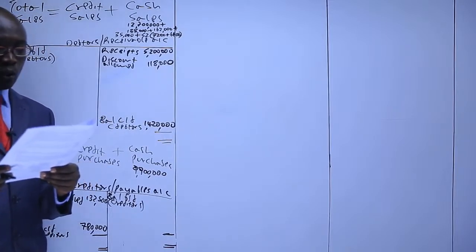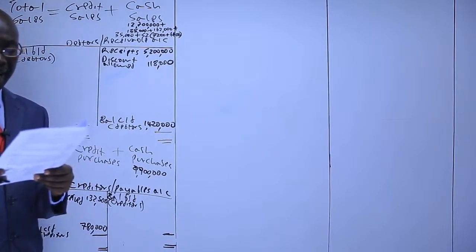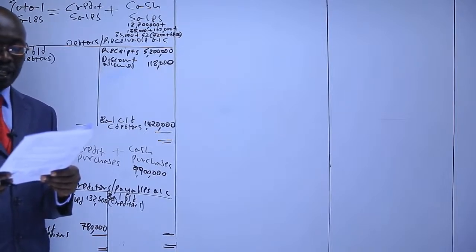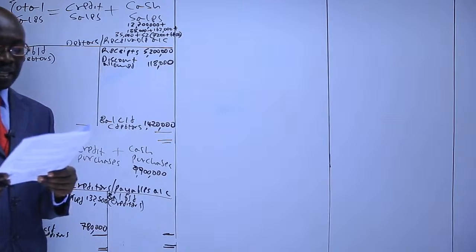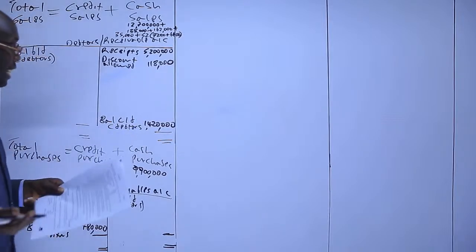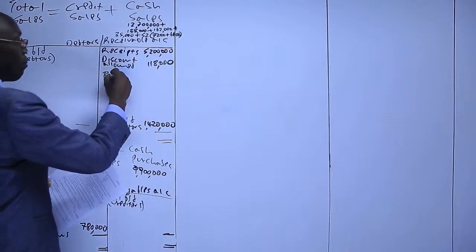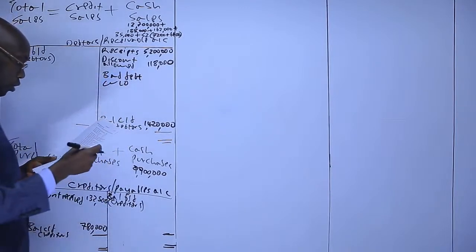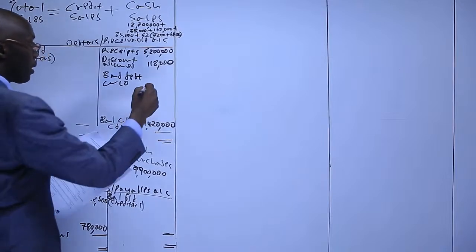An amount of 82,000 owed by Jamila Mamba, a customer, proved irrecoverable and is to be written off as bad. This amount was excluded in the total amount owed by the customers as at 31st December 2019. So that's a bad debt written off. Bad debt written off reduces the debtors, written off, which we have 82,000.